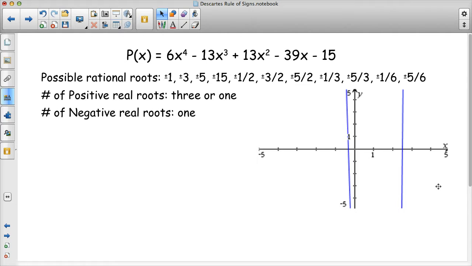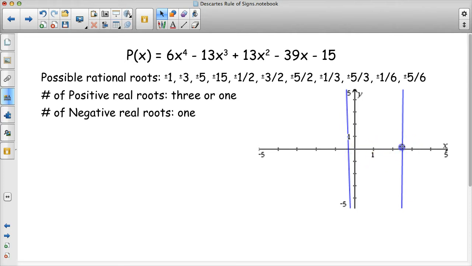So if we're looking at this graph, a couple of things that we noticed right away. Right here, we know that we're counting by ones, that's our scale, and we know that this negative root right here has to be between -1 and 0.